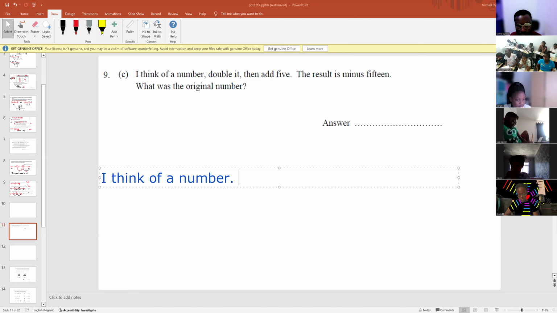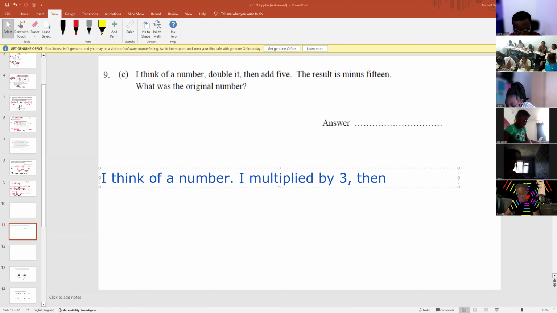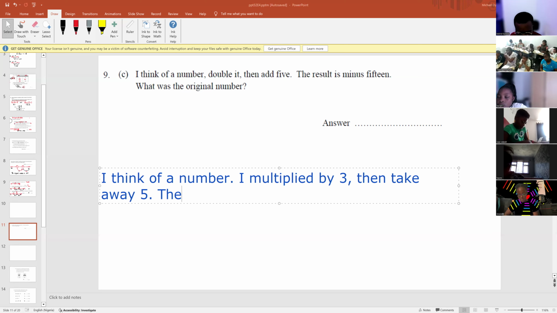I think of the number. I don't understand how you do mine. You just need to remember when you're working backwards, you have to do the inverse for everything. Basically, I think about it like temperatures.